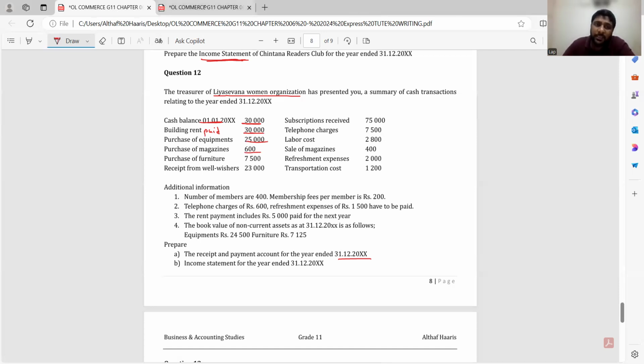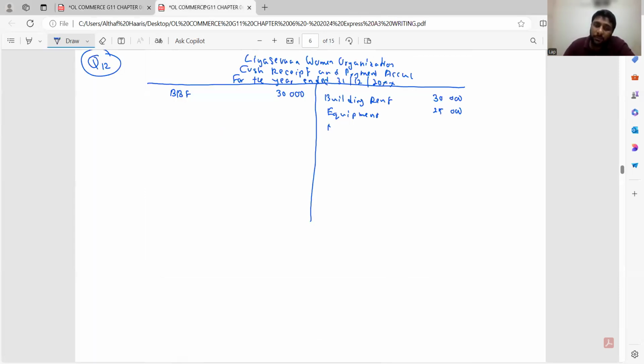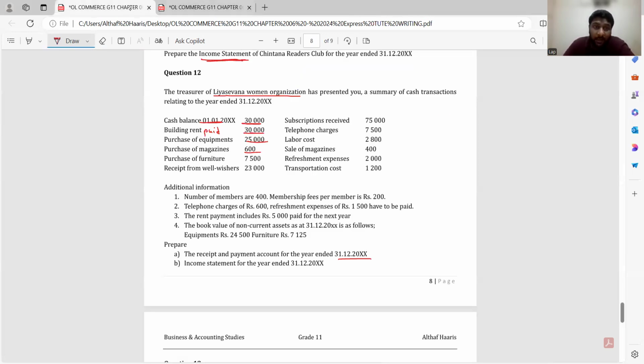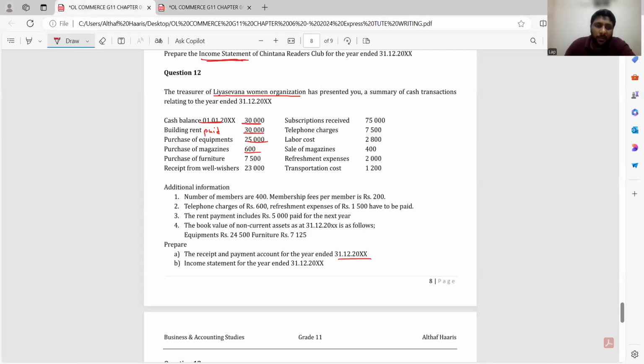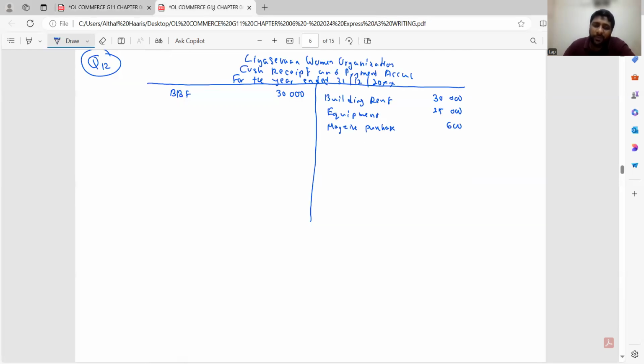Magazine purchase 6,000, or 600. 600. Furniture 7,500.